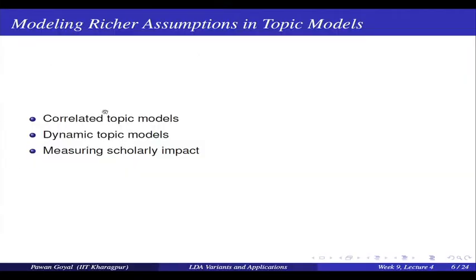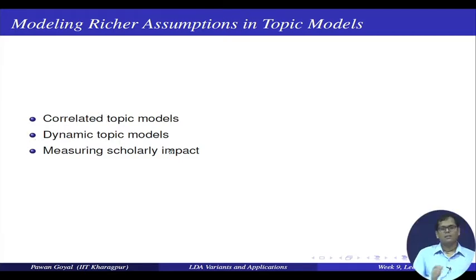You do not say, okay, if in a document topic T1 occurs, then T2 should also occur. We do not say that. But can we also model these assumptions? So for that we have different models like correlated topic models, dynamic topic models, and measuring scholarly impact. So we will see how we go from LDA to any of these variants.